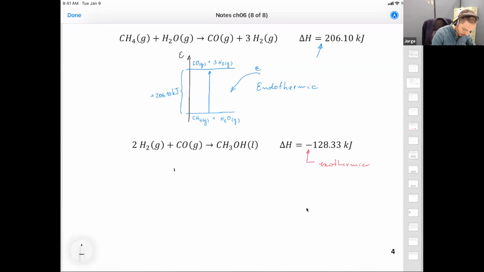Again, any simplified energy diagram has a vertical axis that is energy, and we are going to represent the energy level for reagents and products by vertical lines.